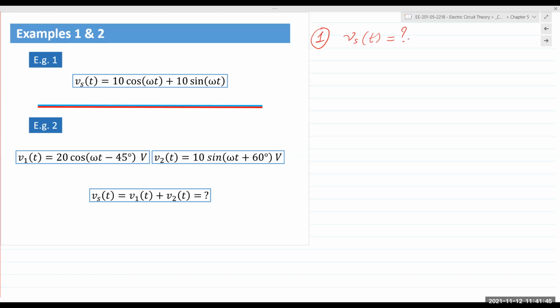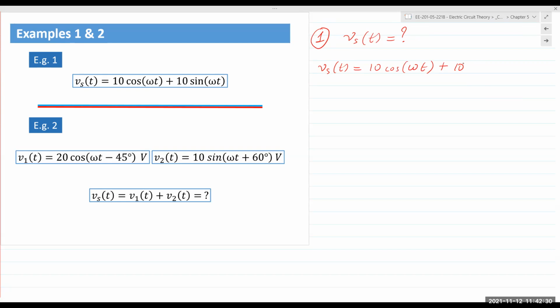So first step, we said we need to solve this with phasor techniques.